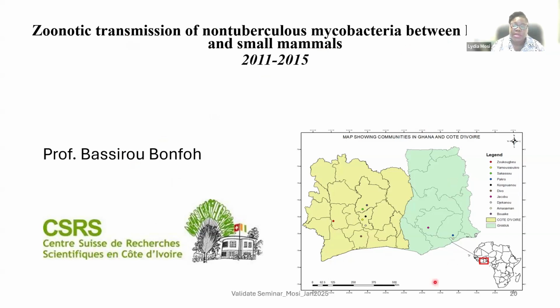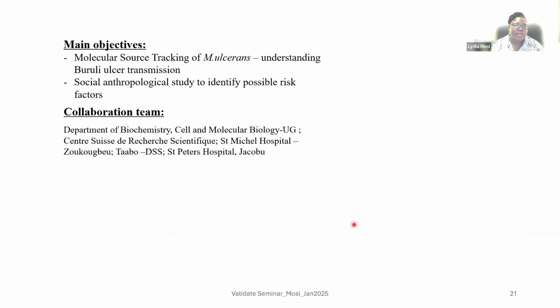So the study was conducted in Ghana and in Côte d'Ivoire, which are countries right next door to each other. So human samples, animal samples, environmental samples were obtained from endemic regions in Ghana and in Côte d'Ivoire. And these samples were tested using molecular methods to determine the presence of M. ulcerans as well as other non-tuberculous mycobacteria, all in a One Health approach.